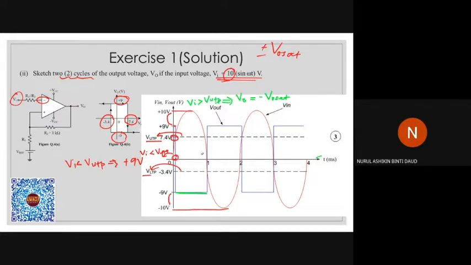So at this point, it's right, it will be the same as here, which is it will be slightly maximum at this point, slightly, which is at this point it will become positive, yeah, positive at this point.